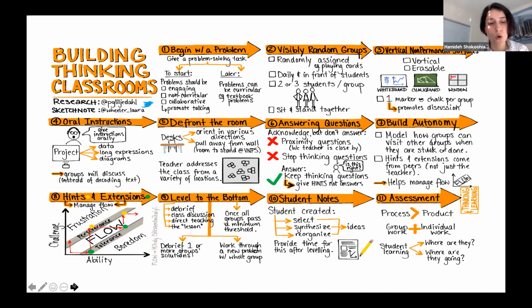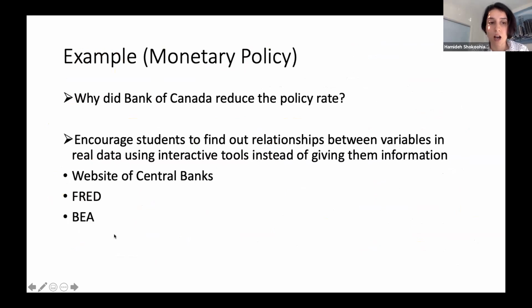I'm going to show you how I'm using this approach in one of the concepts that I teach in macroeconomics, which is monetary policy. I'm going to assume that everyone here is teaching economics or has a background in economics. In the session where I teach monetary policy, I start the class by asking the question that I have on the slide.